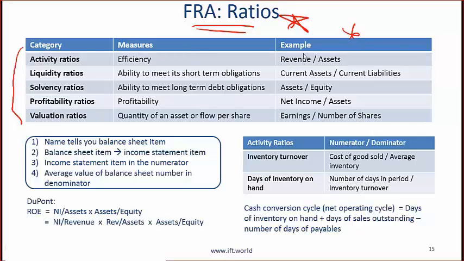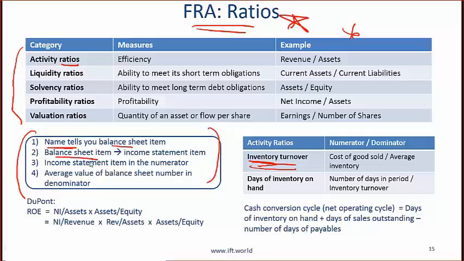Then if you take activity ratios like inventory turnover, how do you come up with the ratio? The suggestion on how to do this is given. You are told inventory turnover ratio in a question. So clearly that's going to have inventory. What you do is figure out from the name that the balance sheet item is inventory.